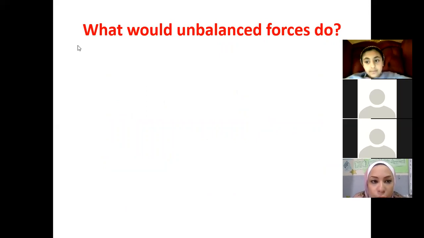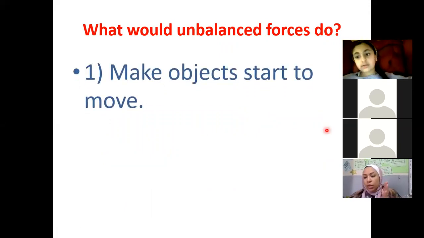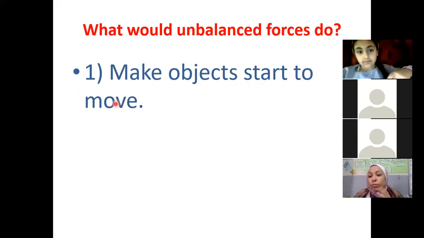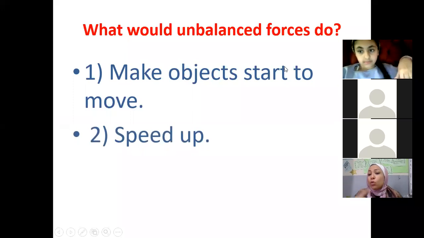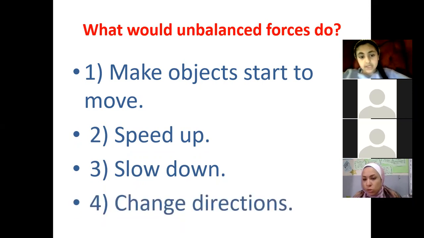Okay, so now the question here says, what would unbalanced forces do? It could make everything that we took in the last session. It could make an object start to move, or change its direction, or change its speed, whether by speeding up or slowing down, or it can actually stop a movement.